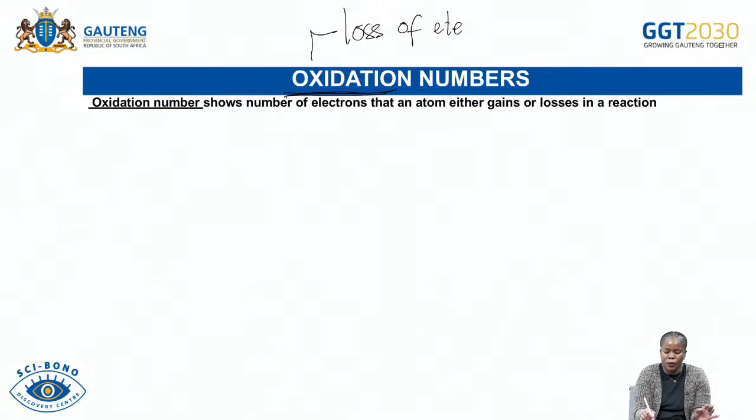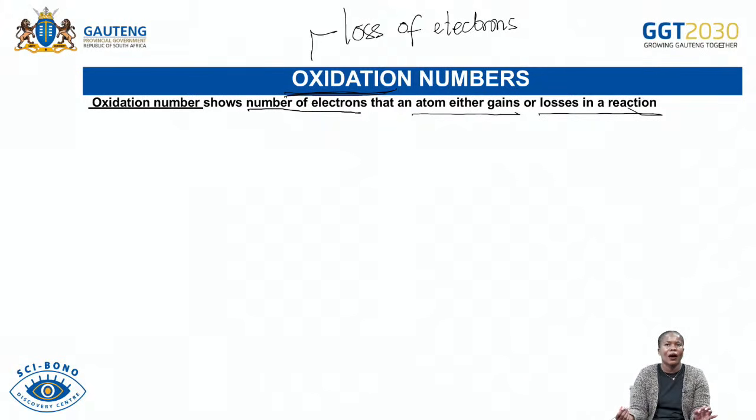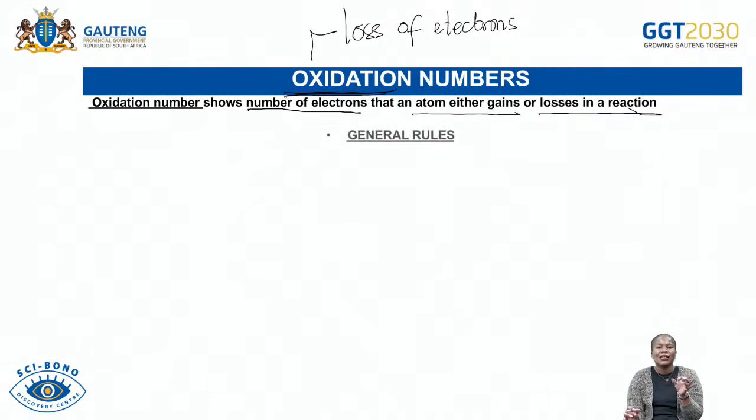Of electrons. All right, so what does this oxidation number indicate? The oxidation number shows us the number of electrons that an atom either gains or loses. Okay, but how? Let's dive into the rules on how to assign these oxidation numbers.